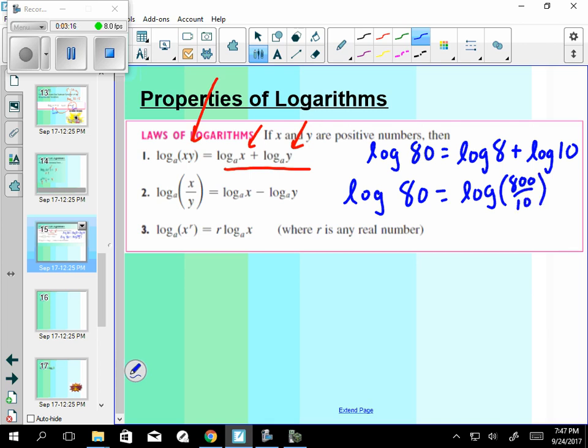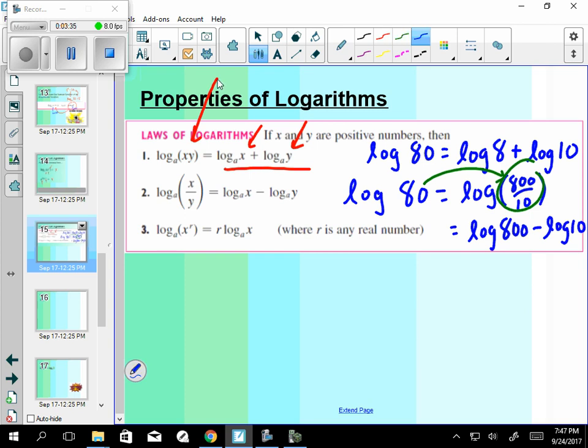And so log of 80 should also be equal to log of 800 minus log of 10. And those should be equivalent to each other. So any way you could change this to equal something where it's dividing, you could then split it into two being subtracted.